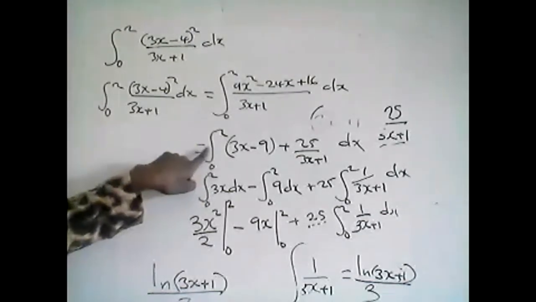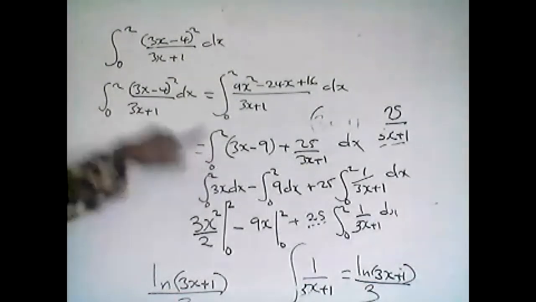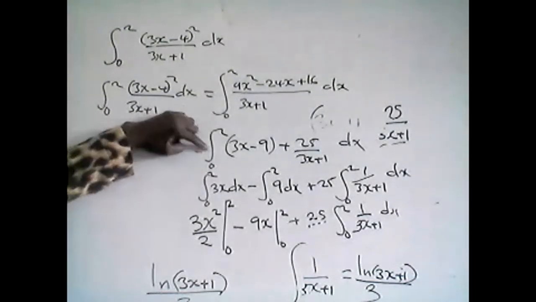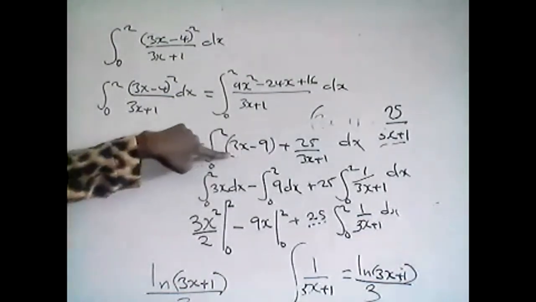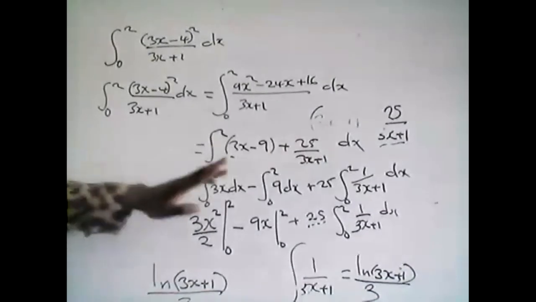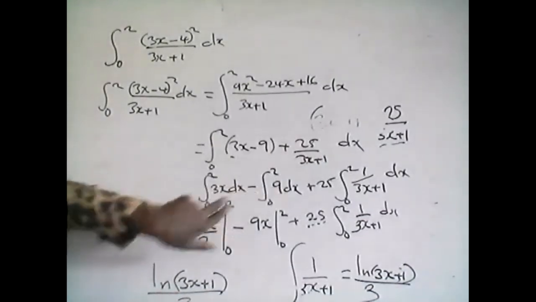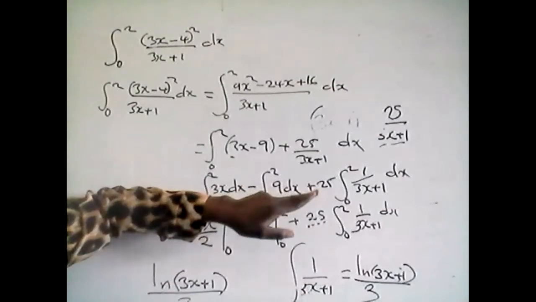From here, what you do is you distribute the integral across, due to the linearity property. So when you distribute this across, you're going to have the integral of this on its own, the integral of that on its own, and then the integral of that on its own. So you're going to have 3 of these: the first term, the second term, and the third term.